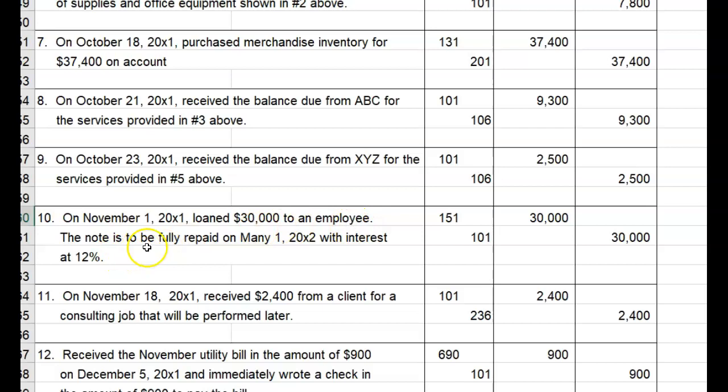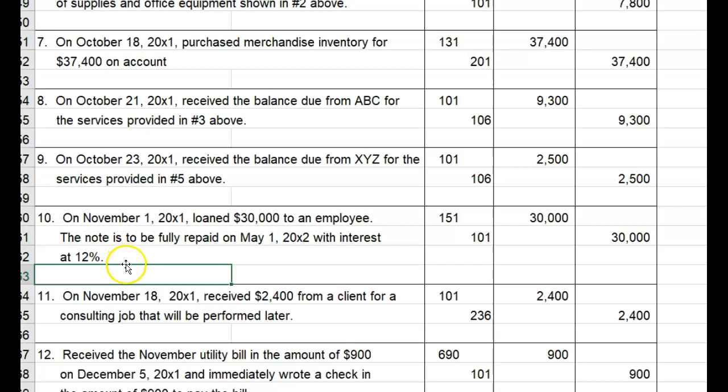The note is to be fully repaid by, that's a typo of course, May 1st, 20X2 with interest at 12%. When you see interest stated, in our accounting classes, it is a simple annual interest rate. So this is a 12% annual interest rate.